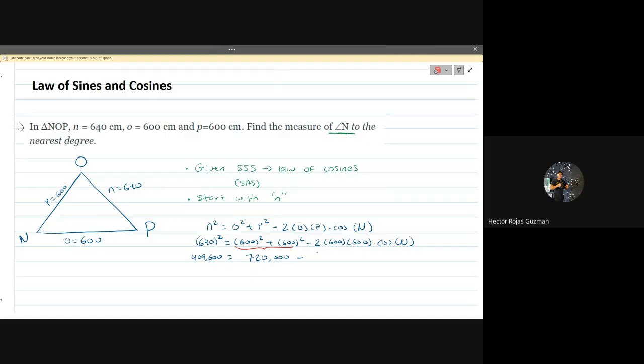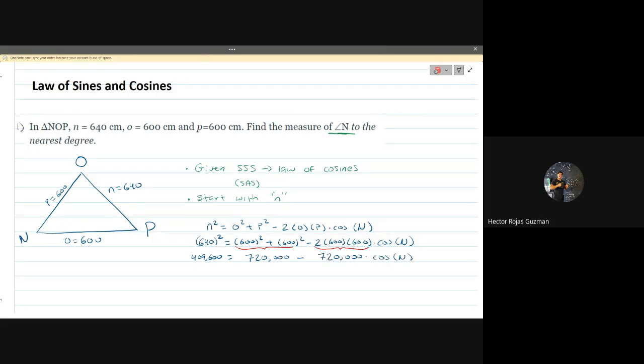Once again, to simplify the process for myself, I'm going to multiply all those at once. So 600 times 600 times 2 is also 720,000, times cosine of N.